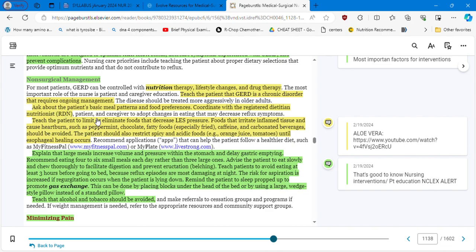Teach the patient to limit or eliminate foods that decrease lower esophageal sphincter pressure, and foods that irritate inflamed tissue and cause heartburn, such as peppermint, chocolate. Yes, chocolate irritates the lower esophageal sphincter, decreases the pressure in the lower esophageal sphincter, and also inflames the tissue.